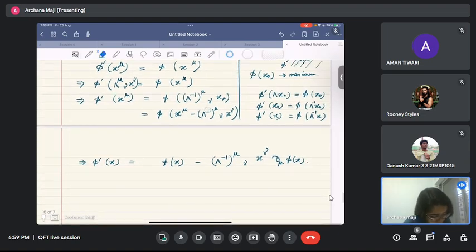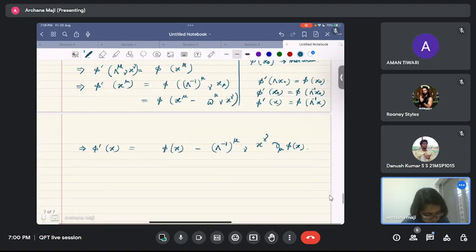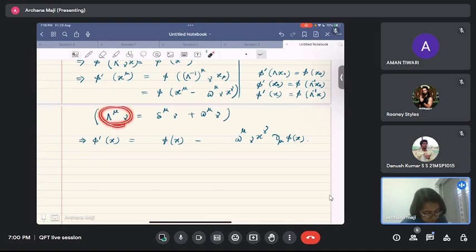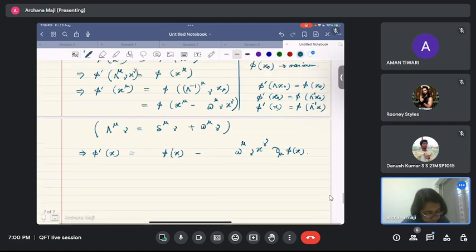We are taking an infinitesimal transformation. So instead of calling it lambda, let us call it omega, omega mu nu. So we have taken lambda mu nu to be equal to delta mu nu plus omega mu nu, just what we had taken in order to derive the constraint satisfied by this lambda, and we just derived that omega is basically antisymmetric in mu and nu. So the same thing we are substituting here, because it's lambda inverse, we get a minus sign in between.